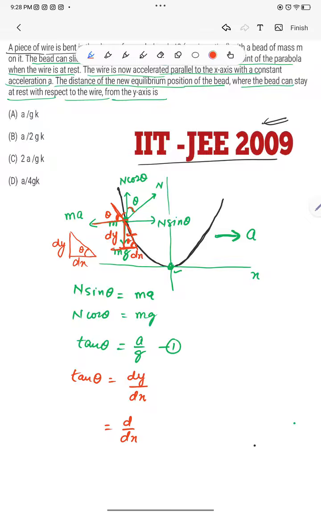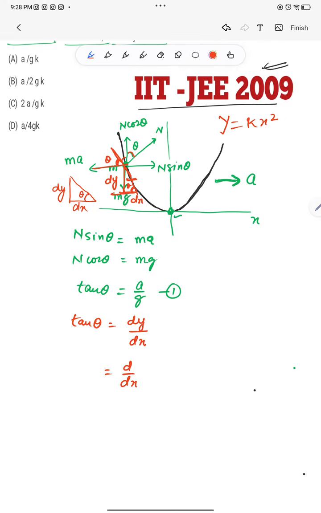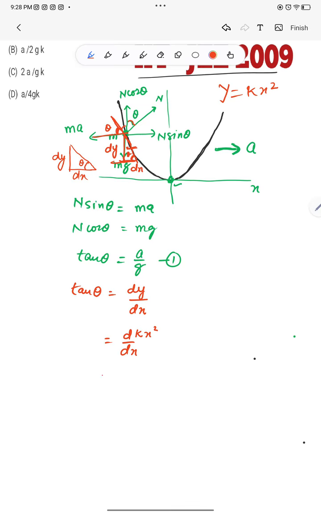The question says the equation of the parabola is y equals kx square. So we put y equals kx square here. This will be k taken out, and d of x square upon dx, and by differentiating this we get 2kx. So tan theta equals 2kx. This is our equation 2.